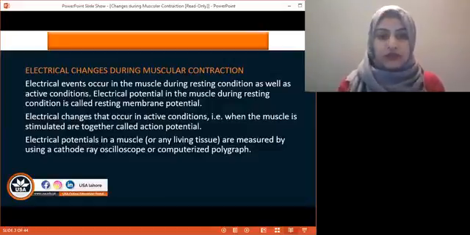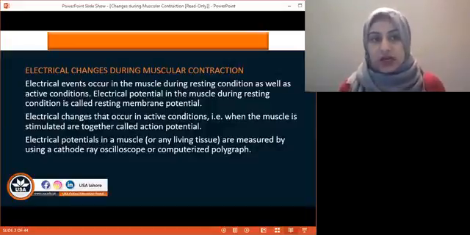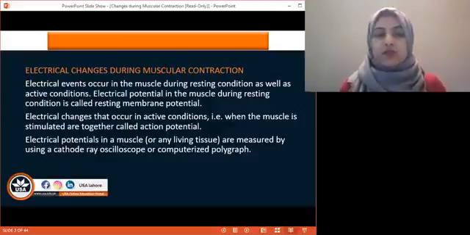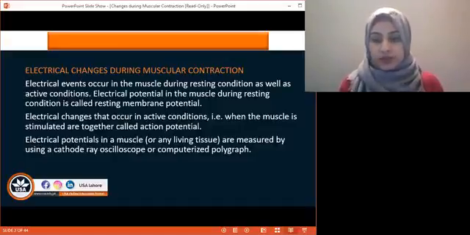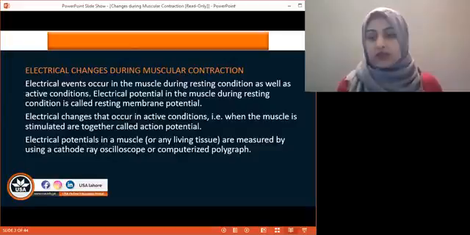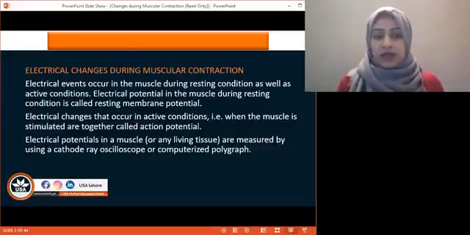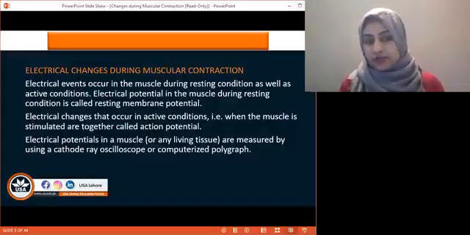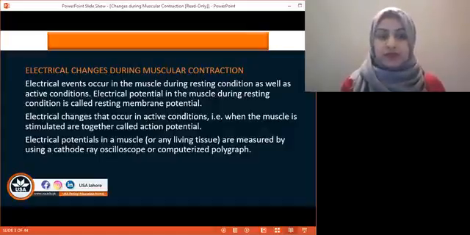So electrical events which occur in the muscle during resting conditions as well as active conditions are basically a series of actions. The electrical potential in the muscle during resting condition is called resting membrane potential. If your muscle is at rest, it does not mean nothing is happening inside. A lot is happening inside, many ions and electrical activity are involved, maintaining the resting state of the muscle.